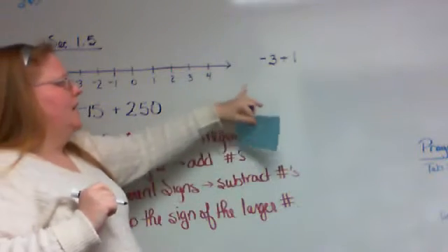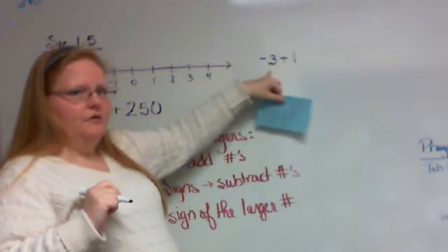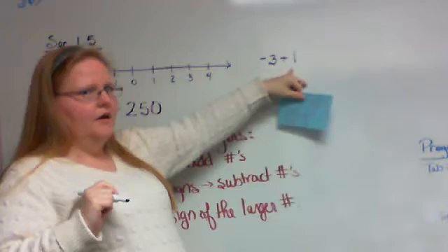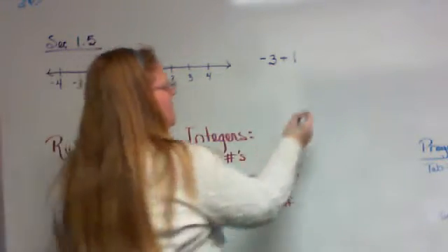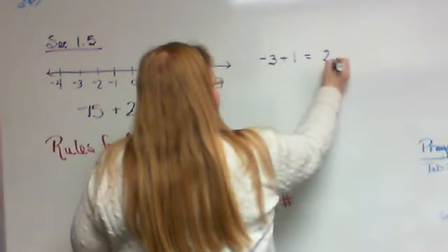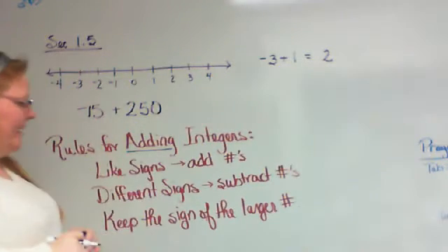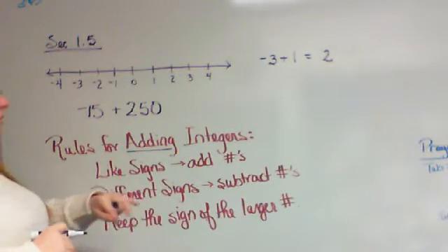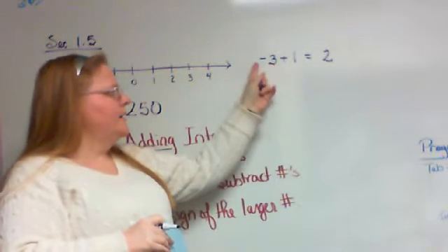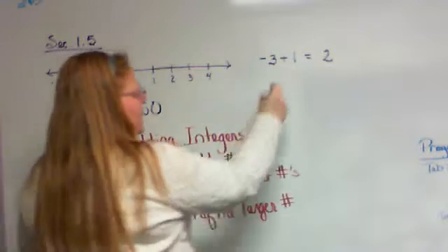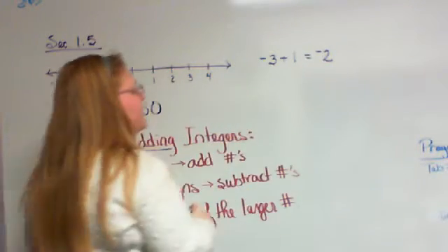So the number here is 3, the number there is 1, so when I subtract 3 and 1 I get 2. So I know that's going to equal 2. And then I go back and I have to keep the sign of the larger number. Which one's bigger, 3 or 1? 3. 3 has a negative sign, so this 2 is going to have a negative sign.